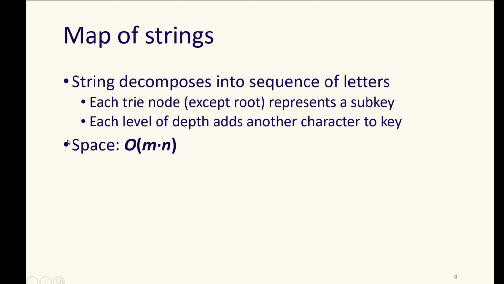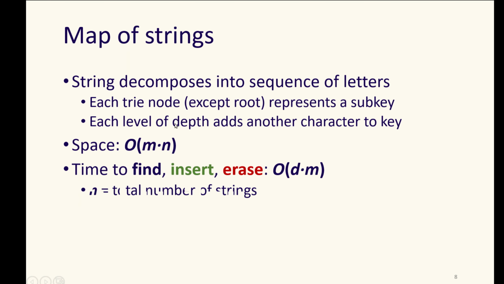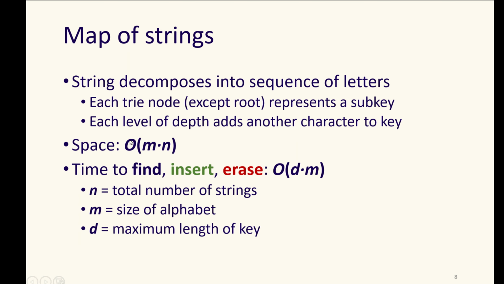This means that our space will be O of m times n, where m is the size of the alphabet, 26 for example in the case of words, and n is the total number of strings. So I might end up having to create 26 spots for each letter of every string if there were not very good overlap between them.